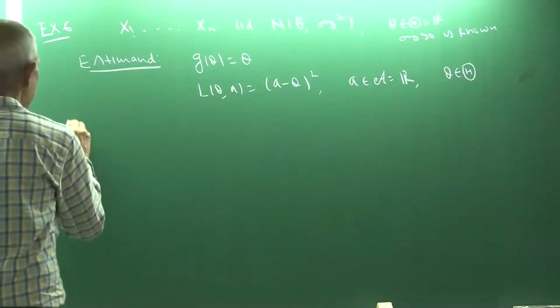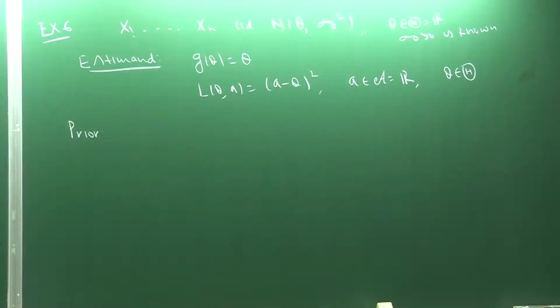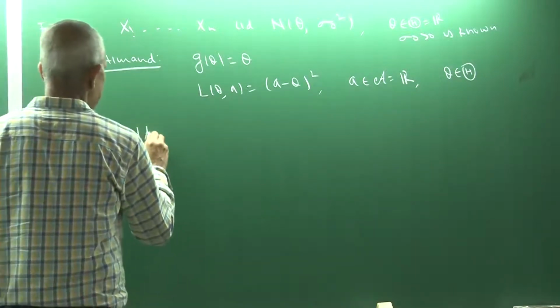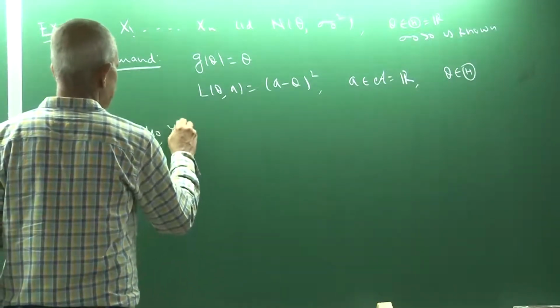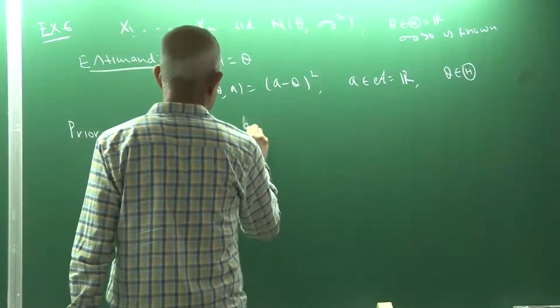Now prior is normal(mu naught, tau naught square). What does that mean? That means your f, let me write down that as g_s(theta).